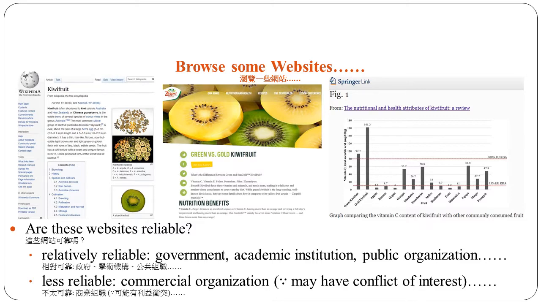The websites which are relatively reliable include governments, academic institutions, and public organizations. The websites which are less reliable include commercial organizations, because they may have conflicts of interest.